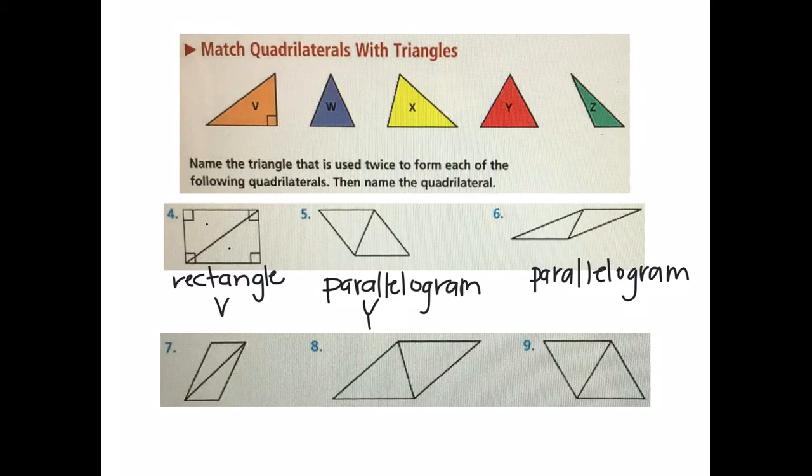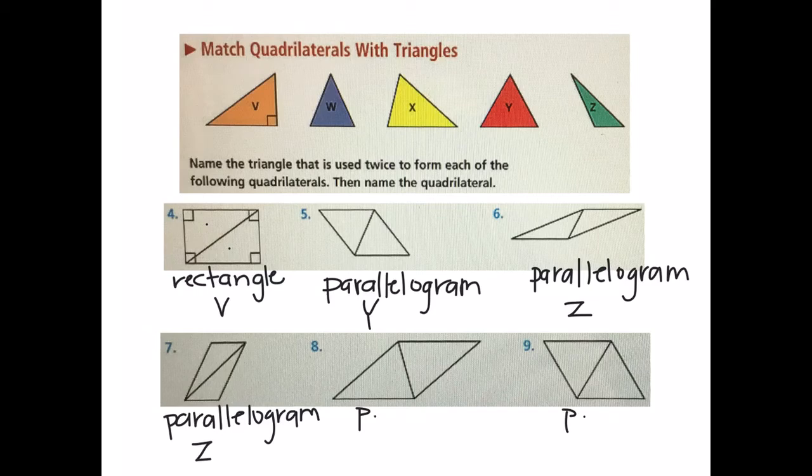So they used two of those Z obtuse triangles to create that parallelogram. Number 7, I see more obtuse angles here. So again, they used that triangle Z to create, this is another parallelogram. Remember, your parallelogram looks like a more slanted rectangle. Again, we have another parallelogram, so I'm just going to abbreviate here, and number 9 is also a parallelogram.